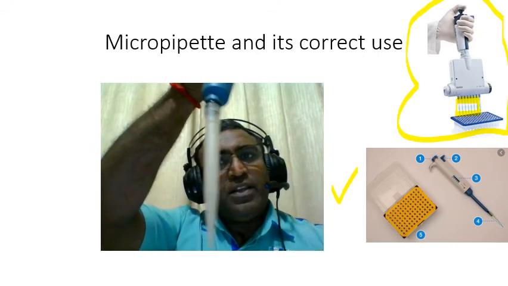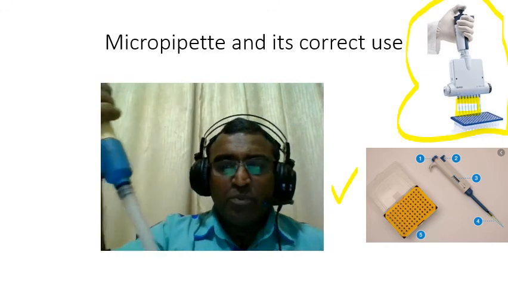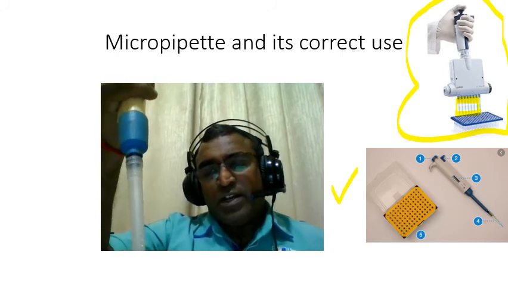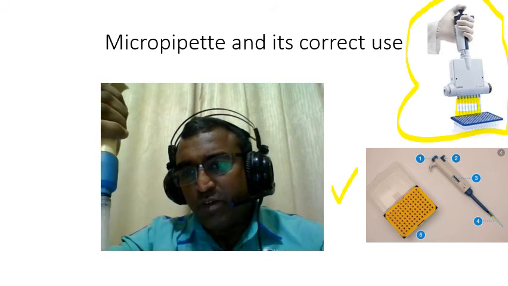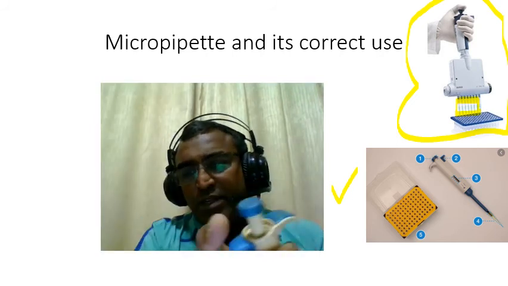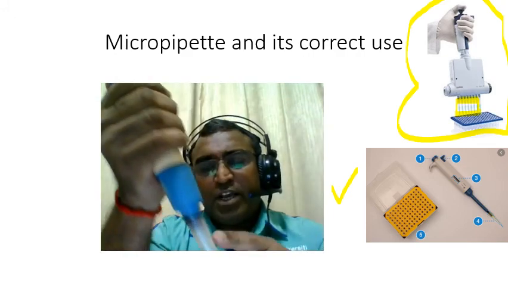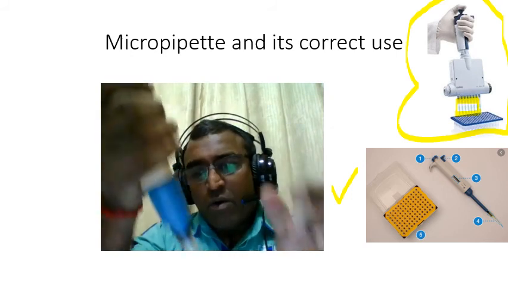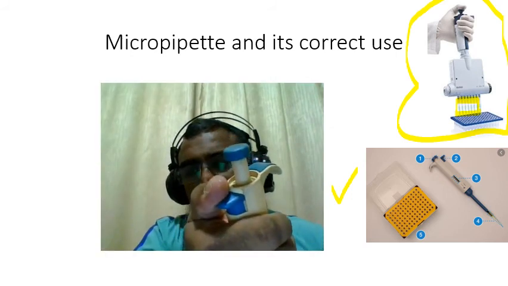So that's the effect of using the micropipette correctly. You have there number 2 in the photograph, which is this one. In order to take out the tip, you can take it out with your hand, or you can press this number 2 hard enough.